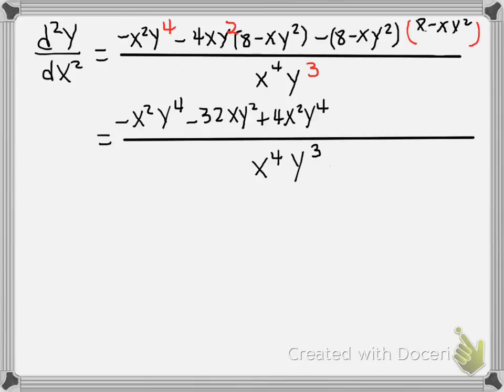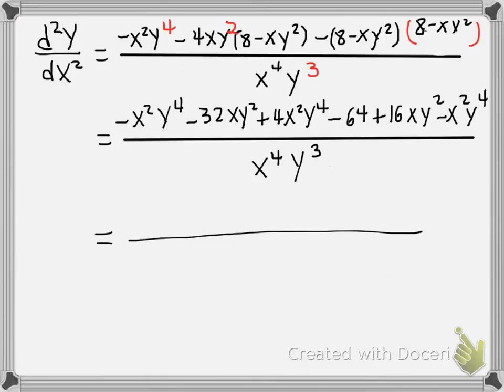For the next part, we use the binomial formula. So we get minus a squared, 64, plus 2 times a times x y squared, so we get 16x y squared. And we subtract x squared y to the 4th power.